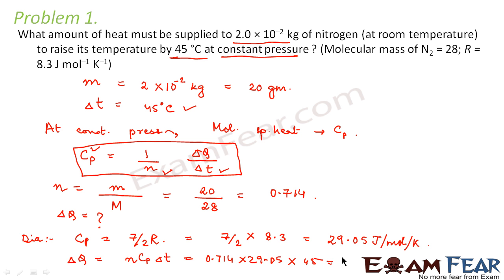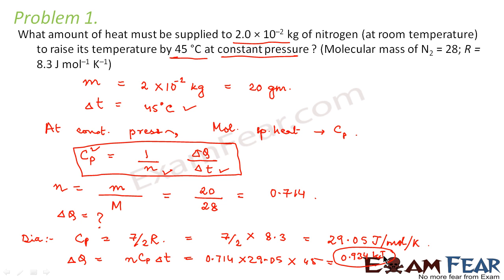So this comes out to be 0.934 kilojoules. So this is the amount of heat which must be supplied to 20 grams of nitrogen to raise its temperature by 45 degrees Celsius.